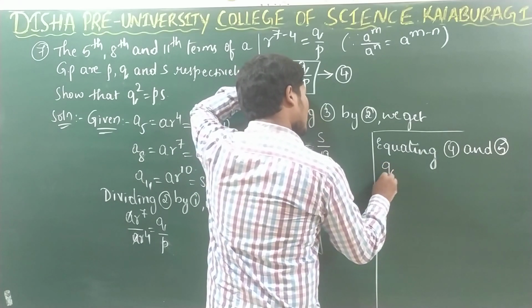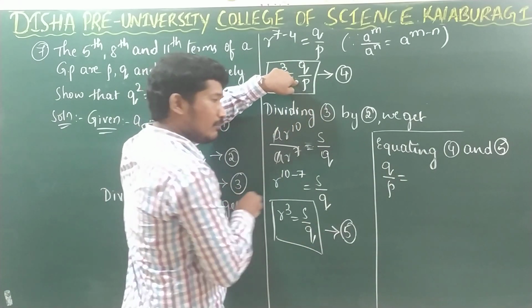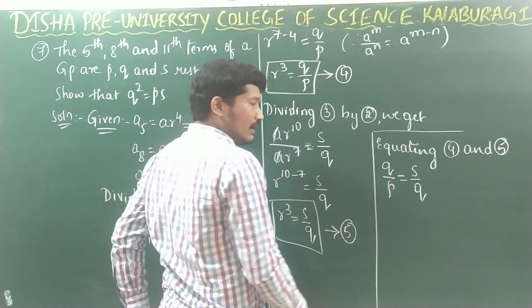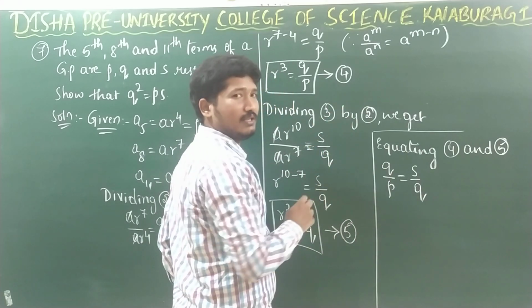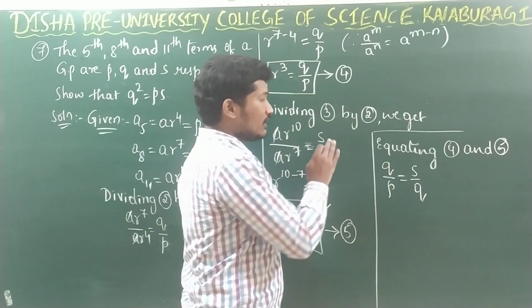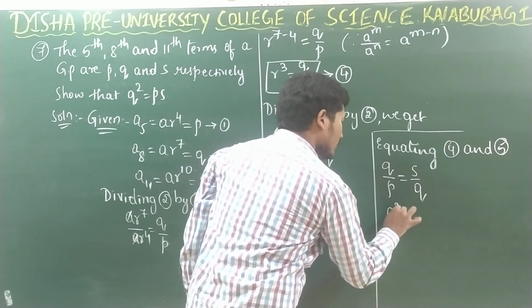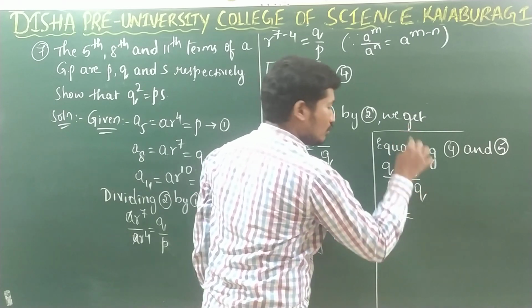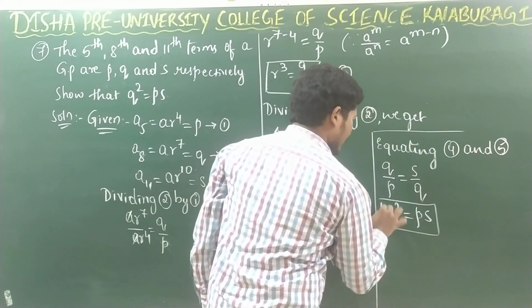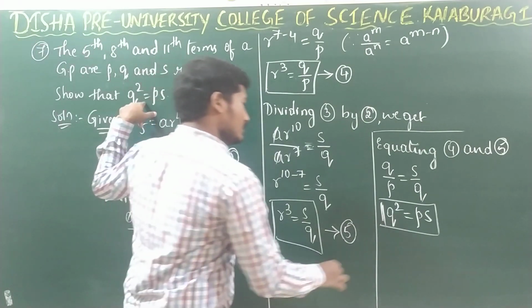It is Q divided by P, equal to the RHS of equation number 5, which is S divided by Q. Now I will cross multiply the terms. So Q into Q, that will be Q square, is equal to P into S. So this is what you wanted to prove.